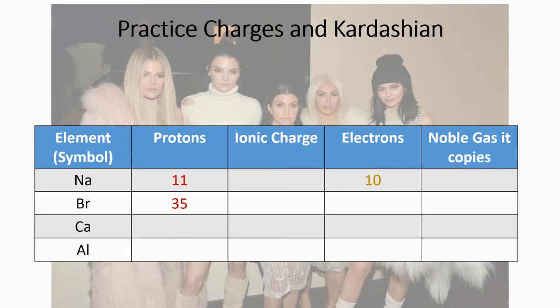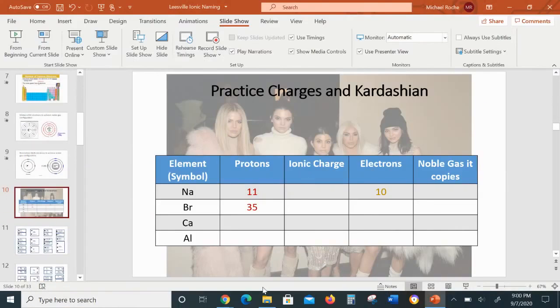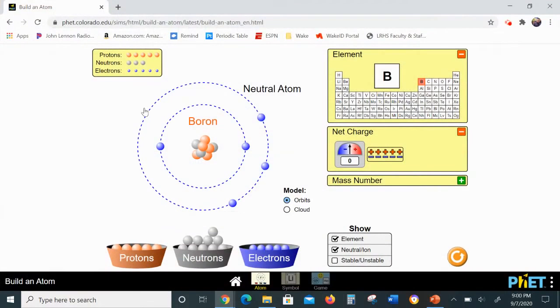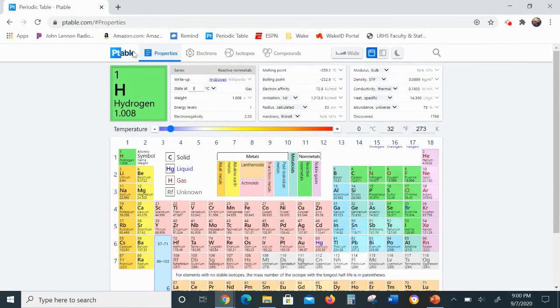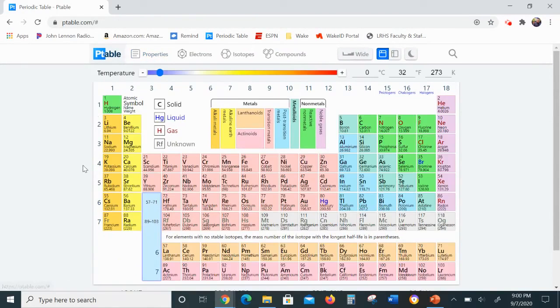If we look on our periodic table, we'll see sodium has 11 protons. So look at your periodic table, see where sodium is, has 11 protons. It's going to want to be like the Kardashian with 10 electrons. So I guess I'm going to need to actually go to a periodic table to give you this full thing here. All right, so here's a periodic table. Here's sodium. Sodium's number 11.